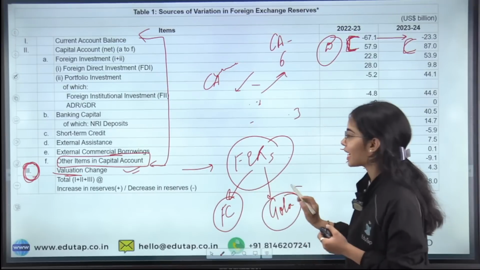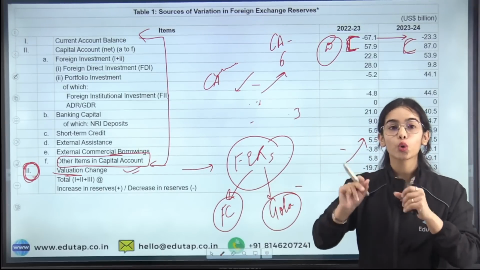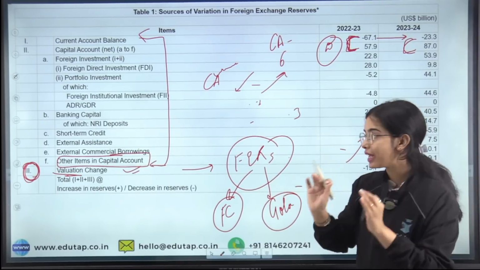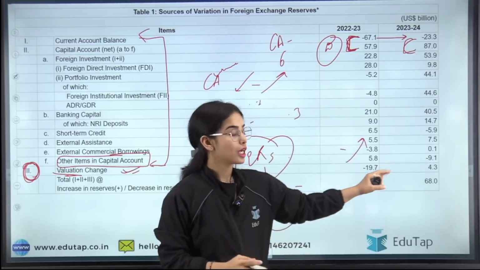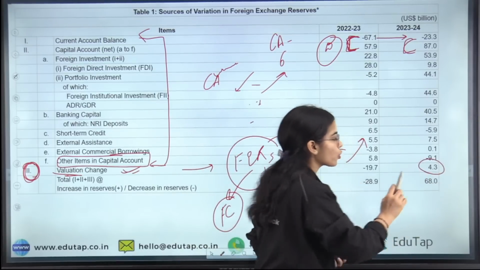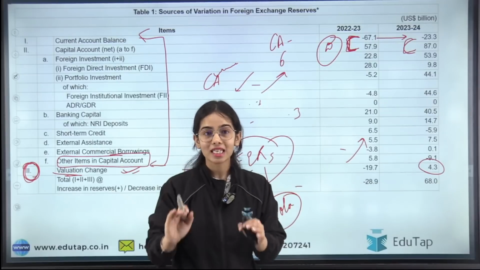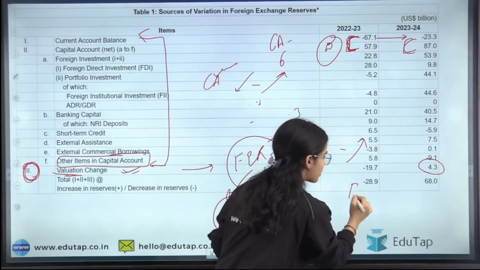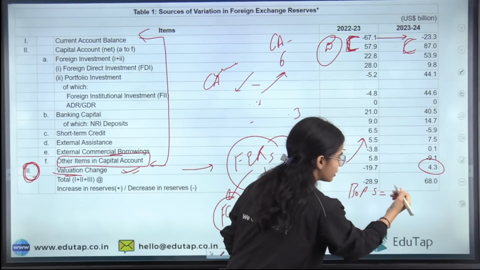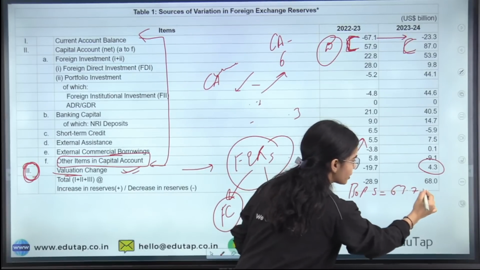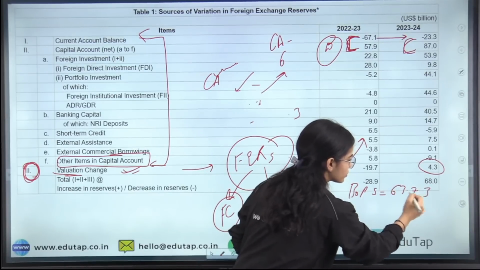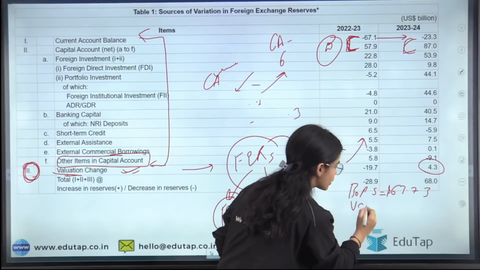So what happened in 2023-24 is that the gold prices increased, so the valuation of gold also increased, by $4.3 billion. The balance of payment surplus was $63.7 billion, and then there is the valuation change that happened.